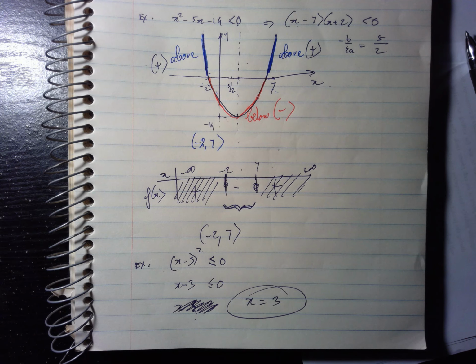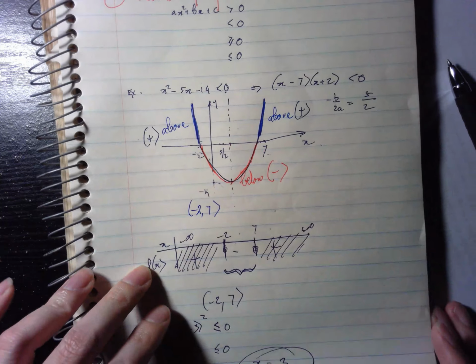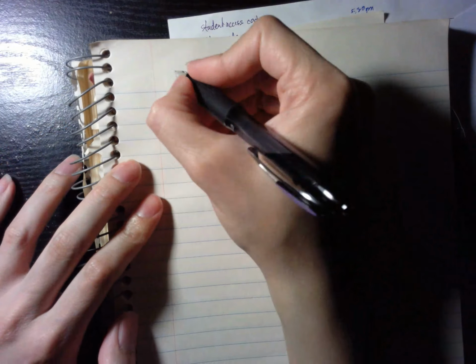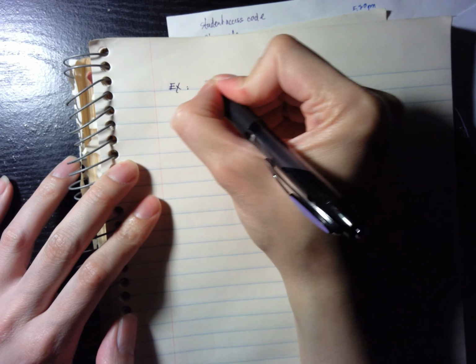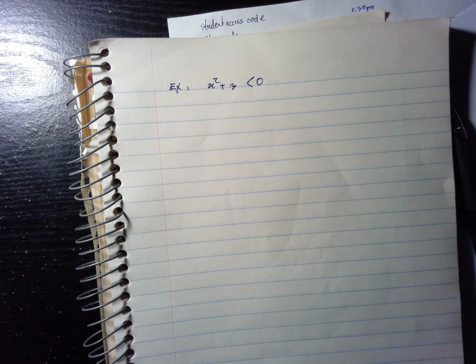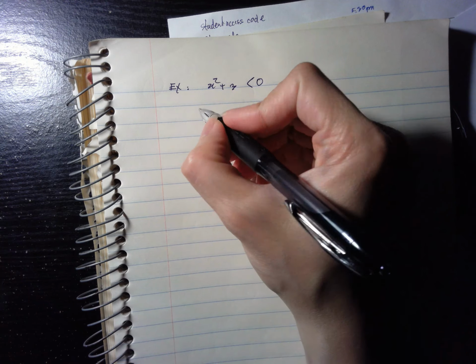Or another example like this: x² + 3 less than 0. Do you have something with x² + 3 less than 0? No way, right? No matter what x value you plug into that inequality, it cannot be less than 0. It's always positive, so we have no solution.